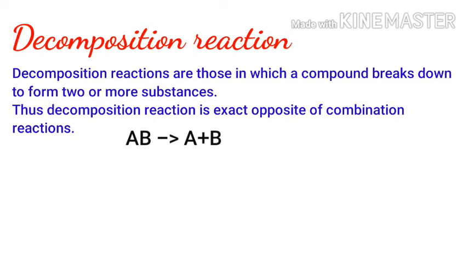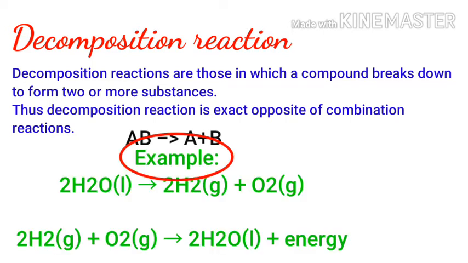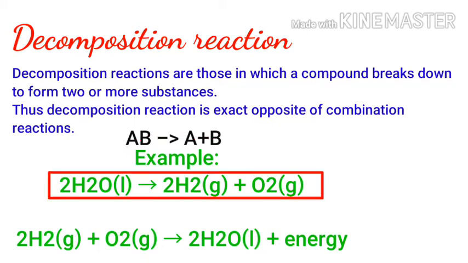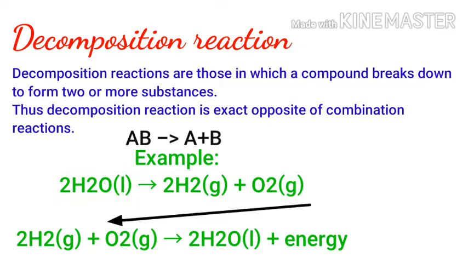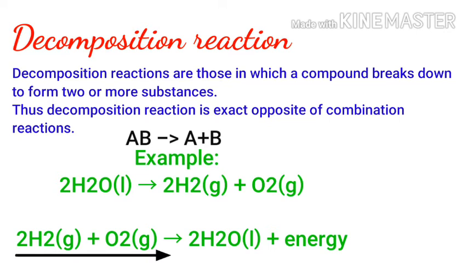In the equation given below, AB splits into or breaks down into A plus B. An example given, H2O decomposes into H2 plus O2. Again see, H2 plus O2 combines to form H2O plus energy. So in the first part we can see it is a decomposition reaction. In the next part we can see it is a combination reaction as H2 plus O2 forms H2O.